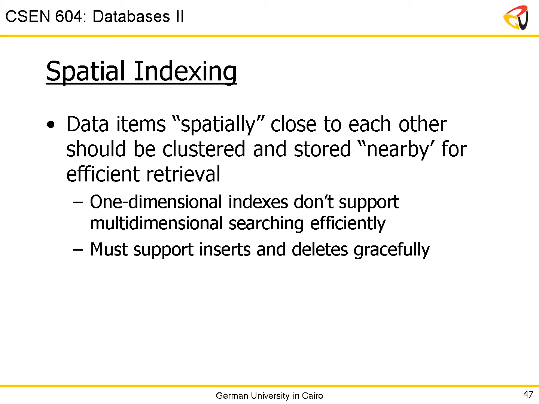Because regular, non-spatial data structures are created to store one value, while in the case of a spatial index, you're going to be storing a location, a longitude and latitude, some X, Y, and Z. So it's a triple or a double value, or a pair of values that represent a location.